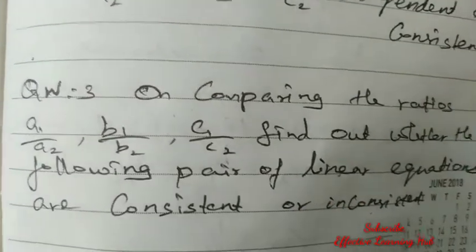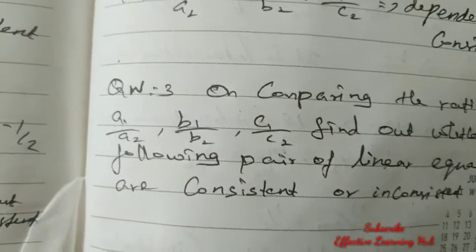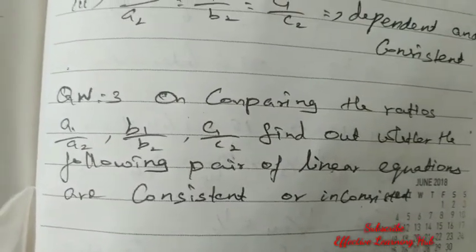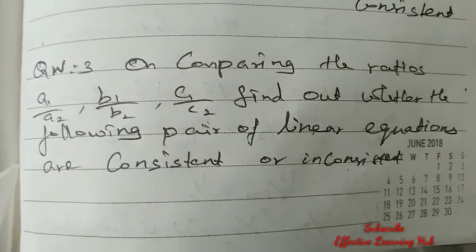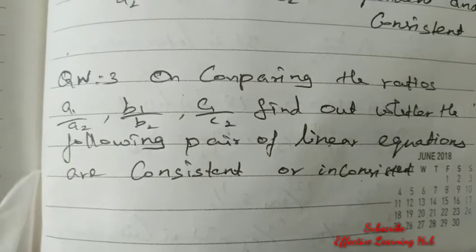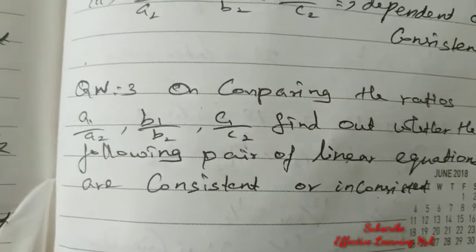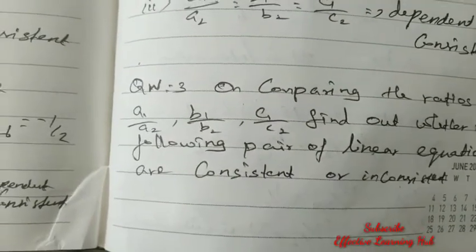Already we studied: a1 by a2 not equal to b1 by b2 means consistent. A1 by a2 equal to b1 by b2 not equal to c1 by c2.